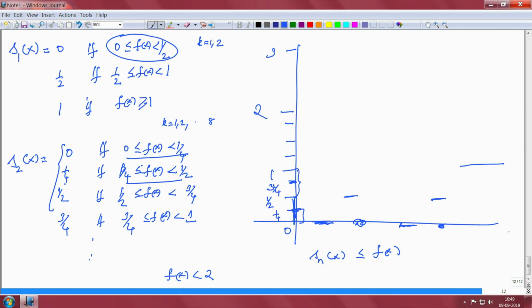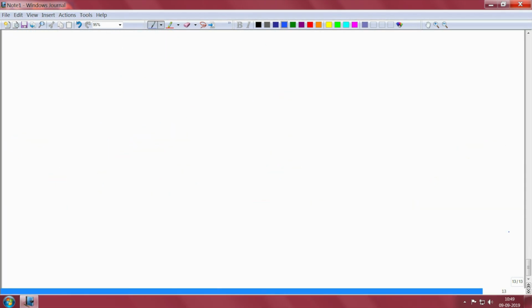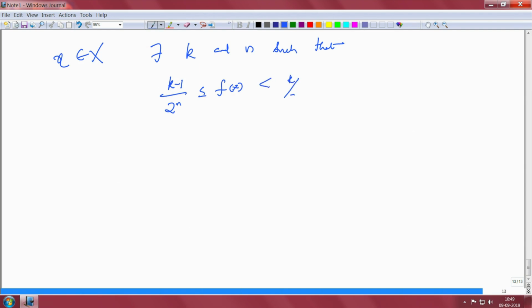And more importantly, if I take an x, there exist some k and n such that k minus 1 by 2 to the n is less than or equal to f of x less than k by 2 to the n.